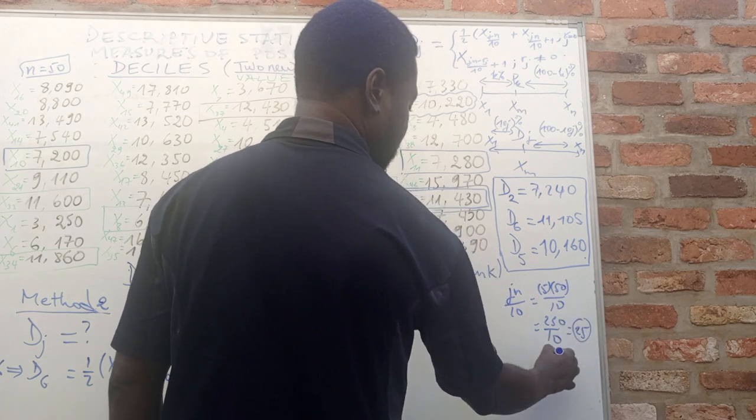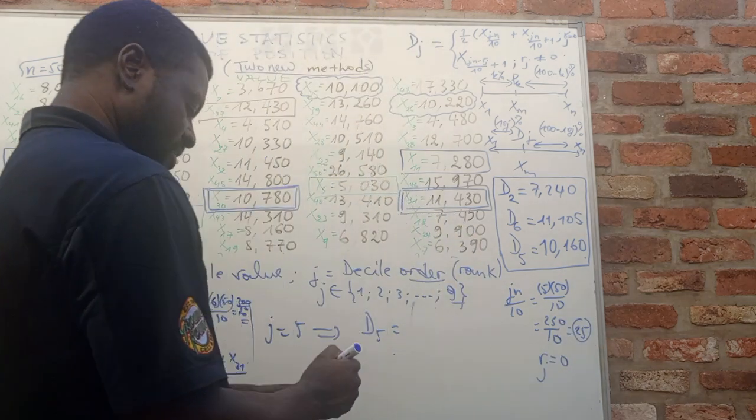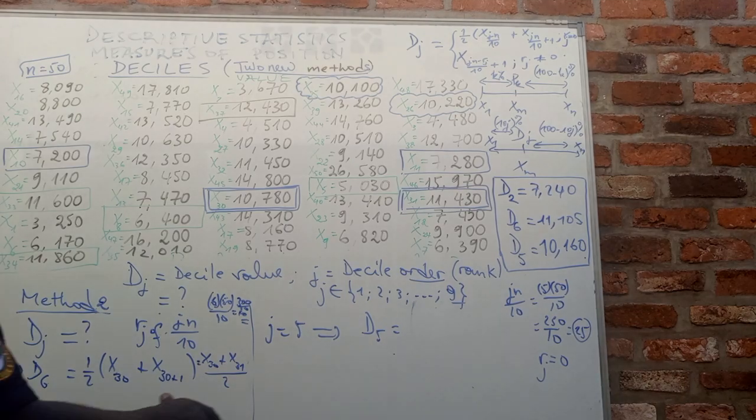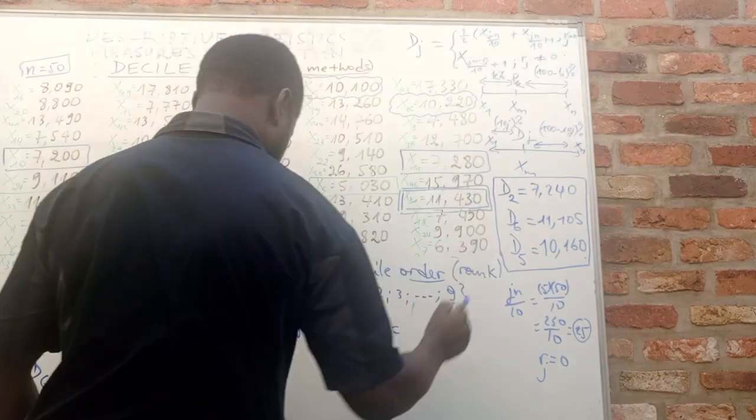So again, remainder is equal to 0. Remainder in this case, let us call rj equal to 0, so that we can use the first formula here.